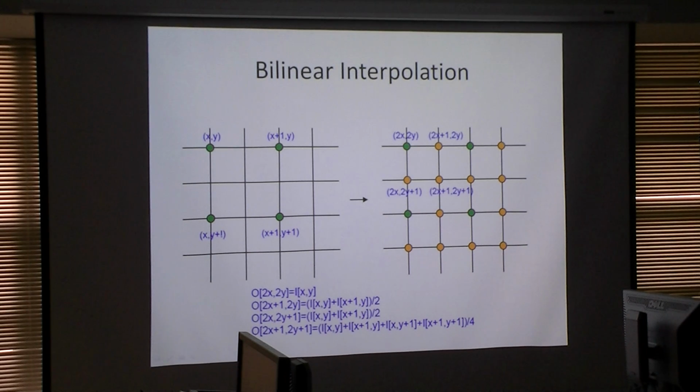We keep the even points and interpolate some odd points between the even points, vertically and horizontally.